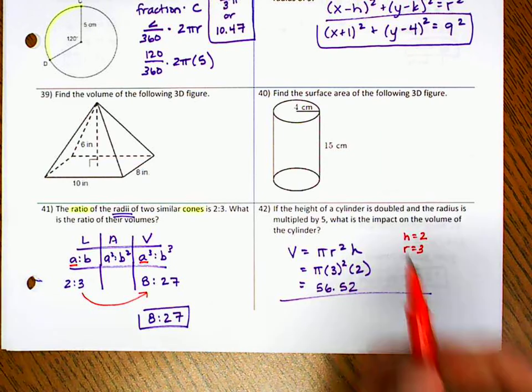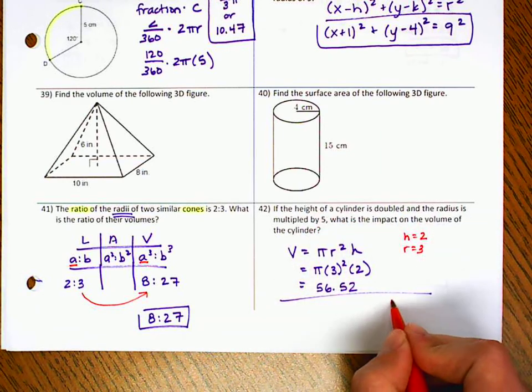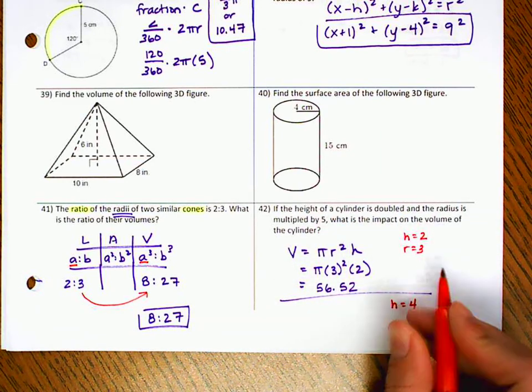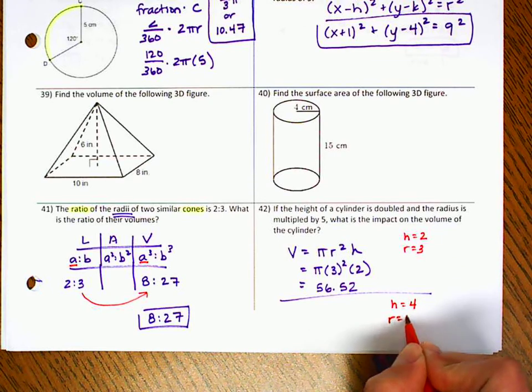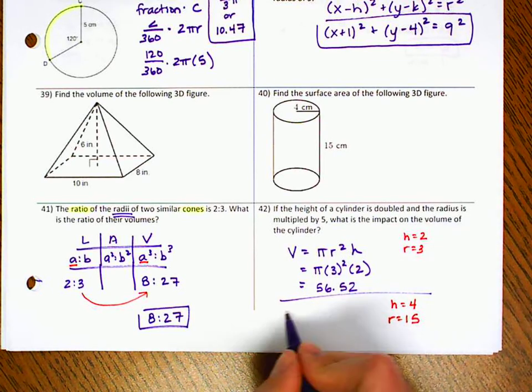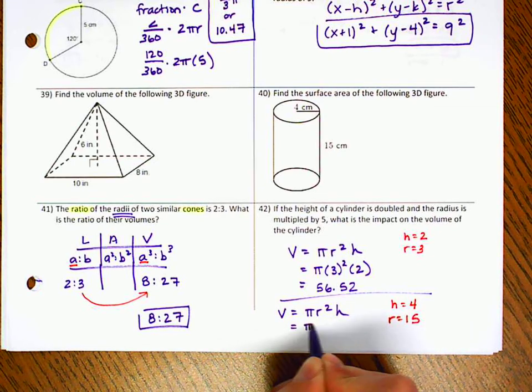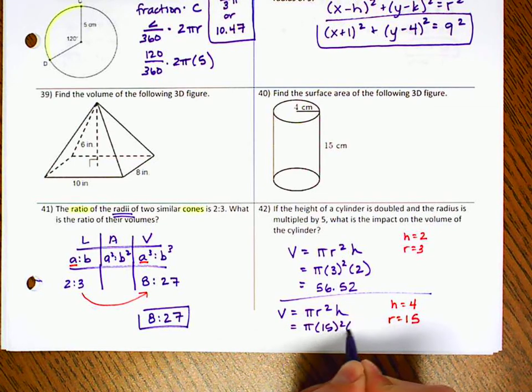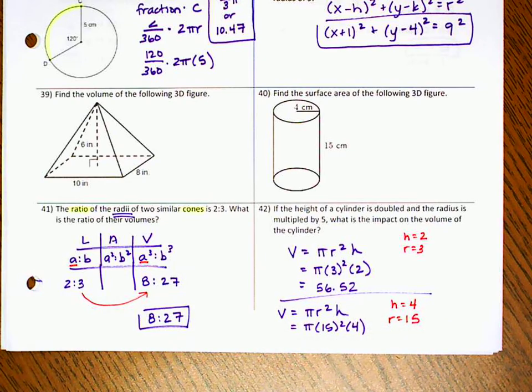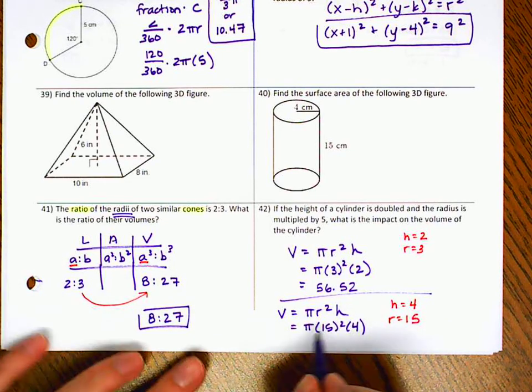Well, if you remember, it says the height is going to be doubled, so the height is going to become 4. The radius is multiplied by 5, that's going to become 15. Let's see what the volume is now. So I'm going to have 3.14 times 15 squared times 4.